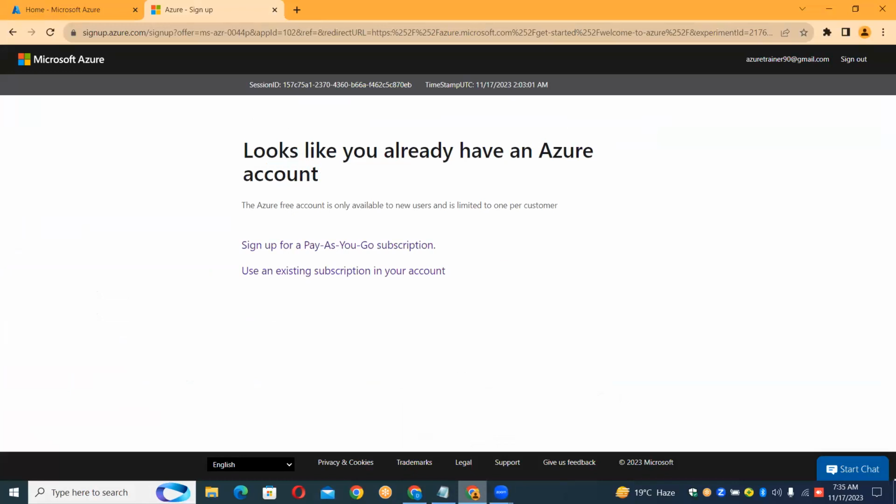But whenever new services are introduced, they will launch a separate certification as well. Suppose you are already a certified data engineer and you want a certification on a particular service, so they launch those individually also.